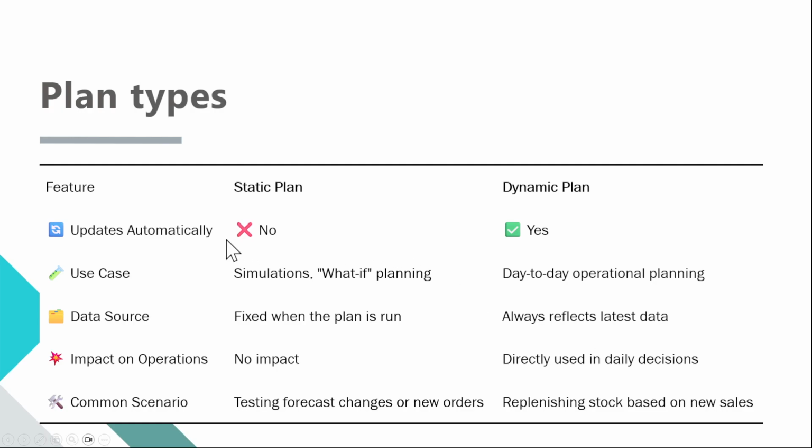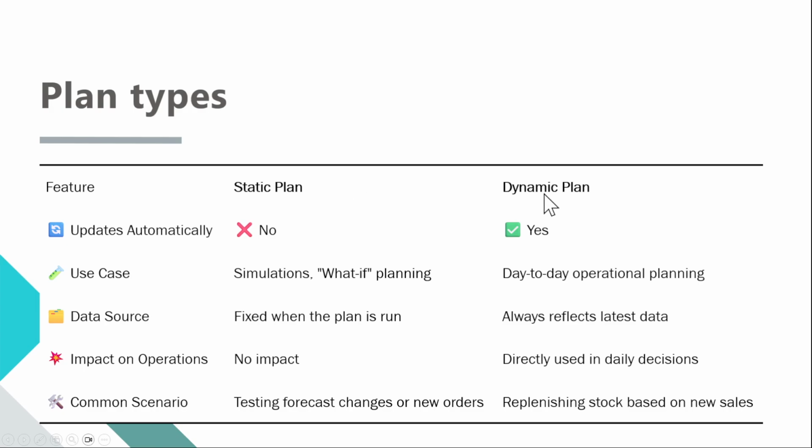Now let's talk about the plan types. We have two different types: static plan and dynamic plan. A static plan is a fixed plan that remains unchanged until the next master planning run. It is used as a stable basis for approving and firming the planned orders, and it is ideal for long term operational planning.